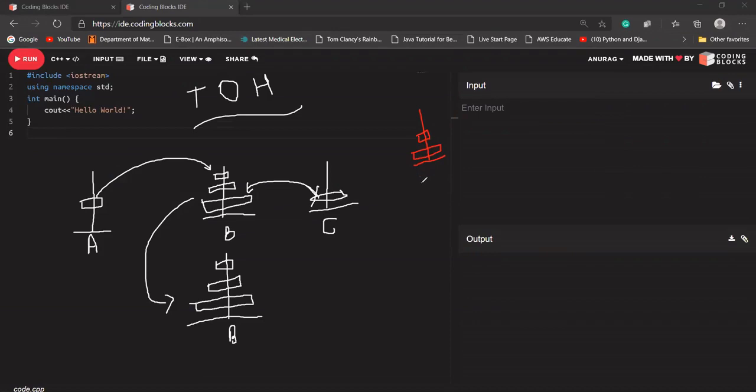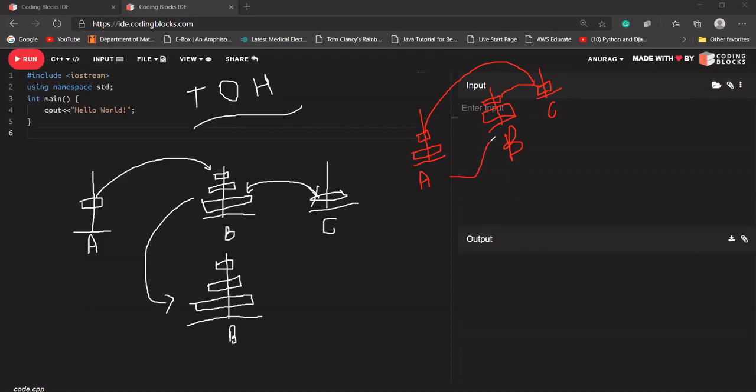This is rod A, this is rod B, and this is rod C. If I want to move all the disks of rod A to rod B, I'll place the top disk on C, and the last disk will be placed on B itself. Then the disk that is at the top of C, I'll pop it from there and add it to B. So we have got the same result.